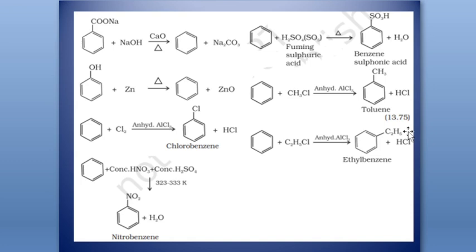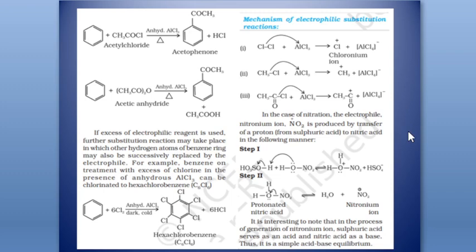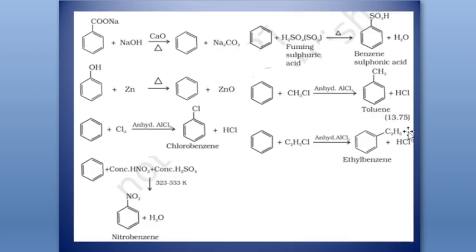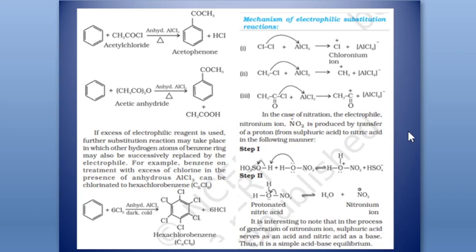The fuming sulfuric acid will form benzene sulfonic acid. With anhydrous AlCl3 it will form toluene. The anhydrous AlCl3 will also form ethyl benzene. This is Friedel-Crafts alkylation reaction. Next come to Friedel-Crafts acylation reaction.